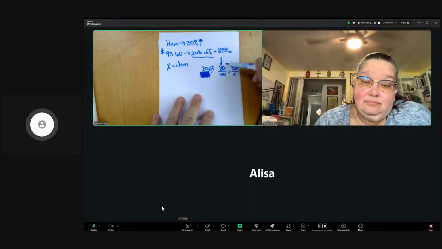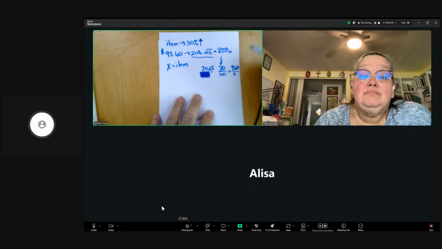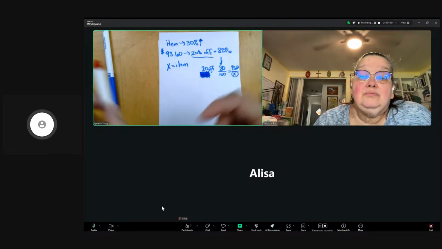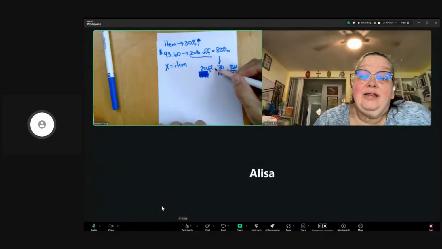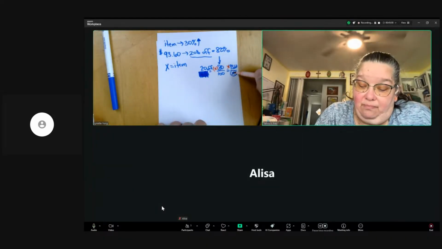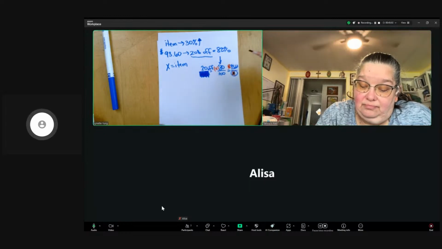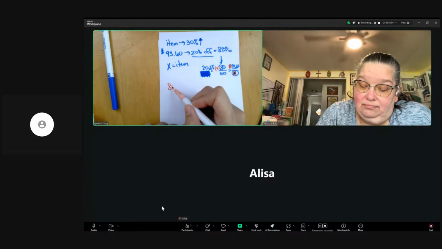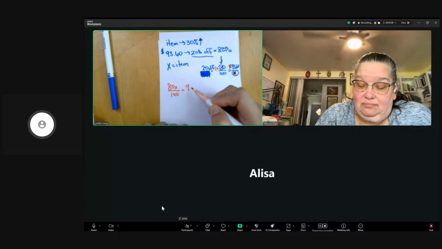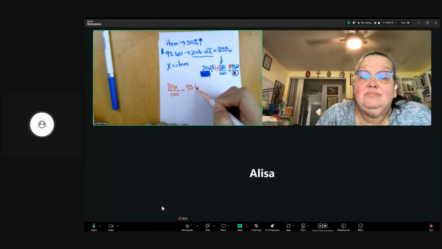So I like to do this so we can see conceptually what we're trying to do. We need to figure out this X over here. So how do I do that? I need to times everything by X, right? So that comes out. So then we're left with 80x over 100 is equal to 93.60.